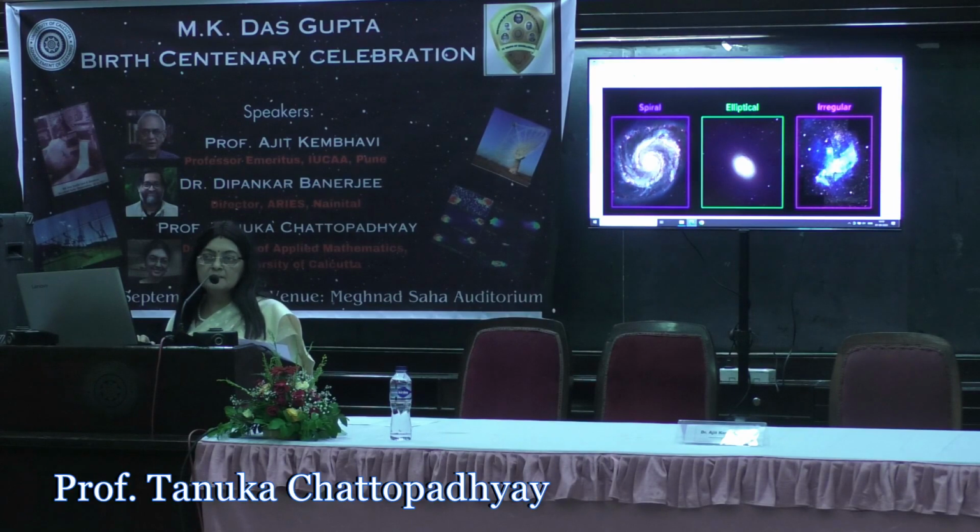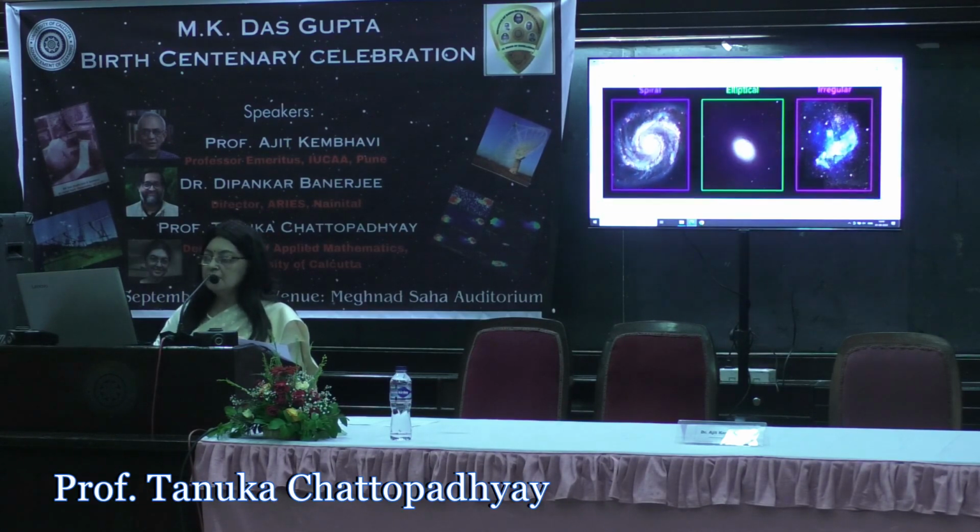Now, elliptical galaxies. These are of elliptical shape, and these are very old types of galaxies, and some galaxies don't have any shape. They are called irregular galaxies.